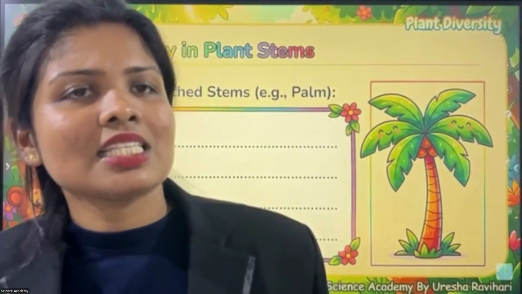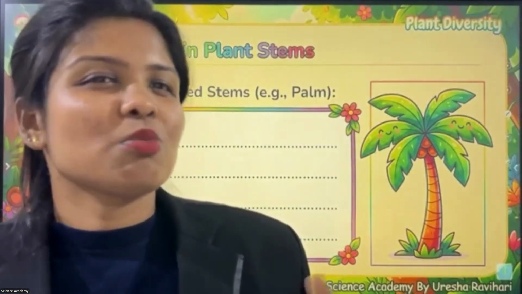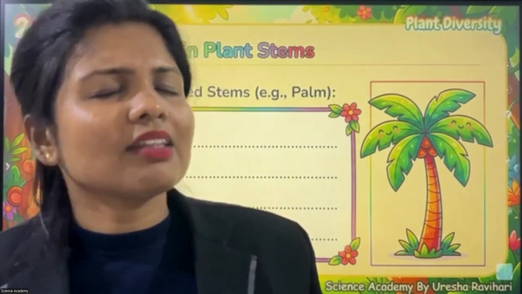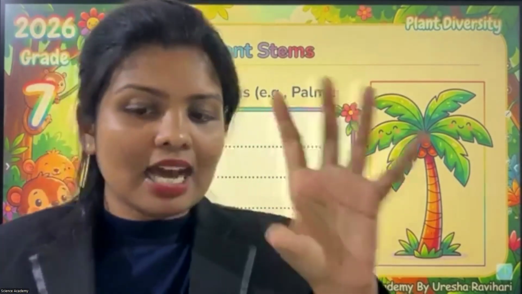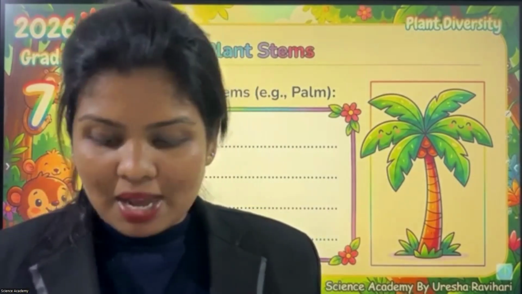But that's okay. Under the diversity of plant stems and functions on page number 8, there are two places where you can write the definitions of branched stems and unbranched stems.